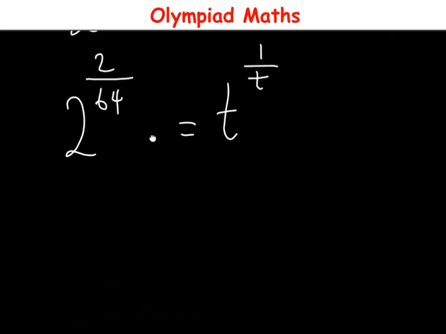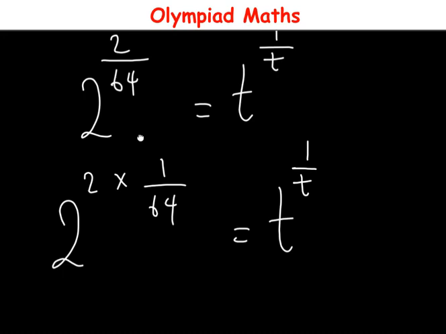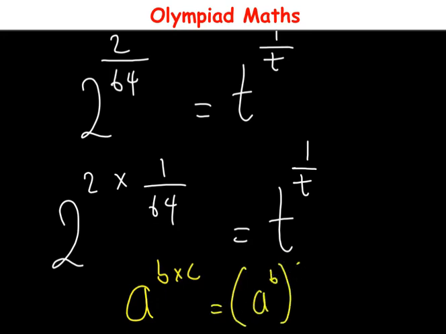Then, factorizing out power 2 from here, what we have is 2 raised to power 2 times 1 over 64, right? Because 2 times 1 is 2, so is equal to t raised to power 1 over t. And then applying this rule of indices, that if you have a raised to power b times c, this equals, in bracket, a raised to power b or power of c.